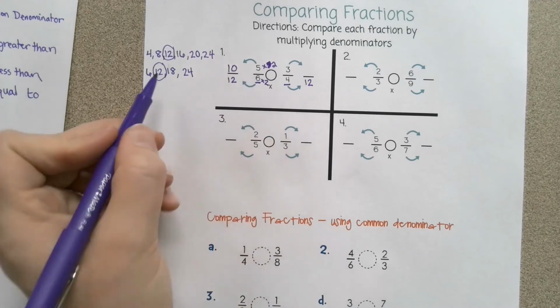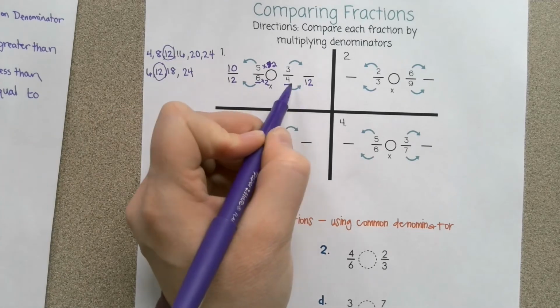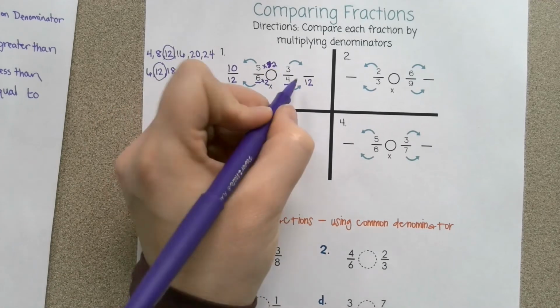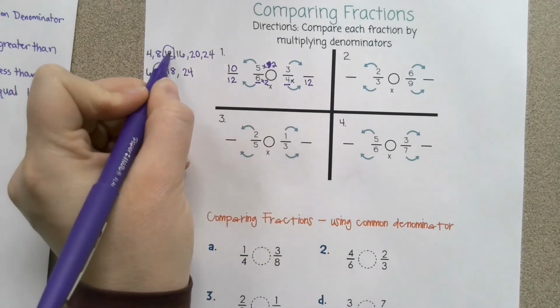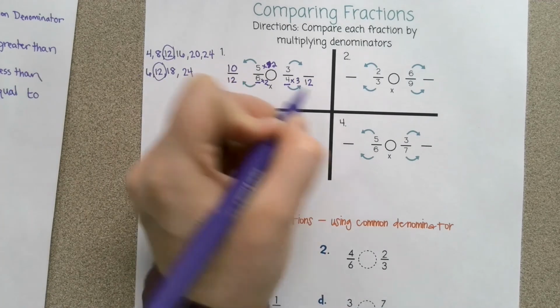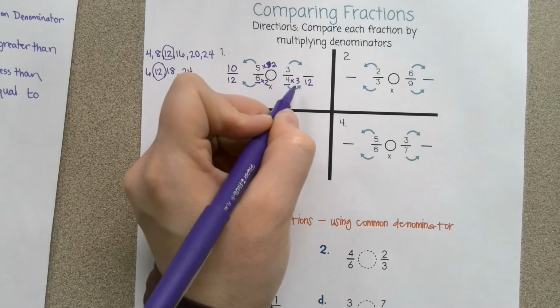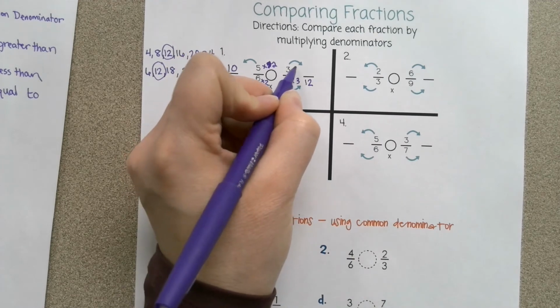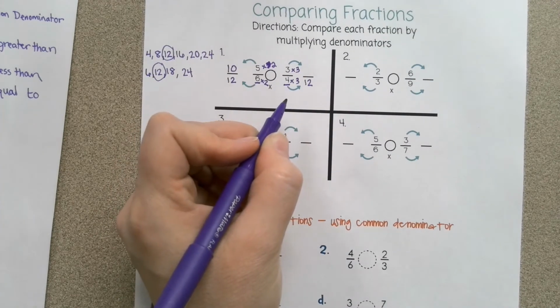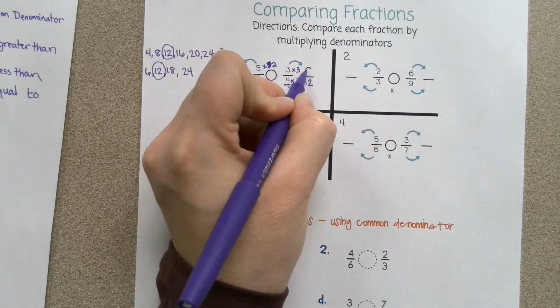So now we have to think, if we're using 12 for a common denominator, how do we get from 4 to 12? We know that 4, because it's the third one listed, 4 times 3 is 12. Again, it has to match numerator and denominator. So we're going to multiply this one by 3 as well. Always showing our work, and 3 times 3 is 9.